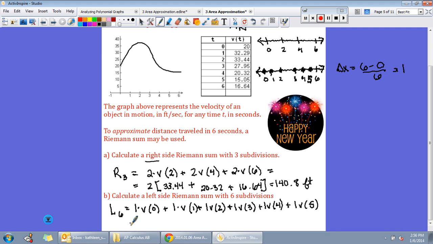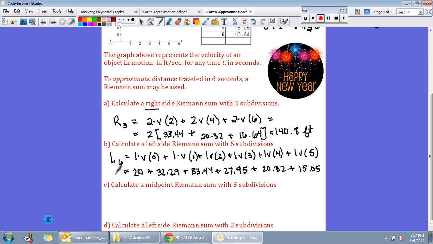So then all you have to do is plug in those velocity values. 20 is the velocity at 0, 32.29 is the velocity at 1, and so on. When you plug all of that into your calculator, you get 149.05, and that's feet traveled.